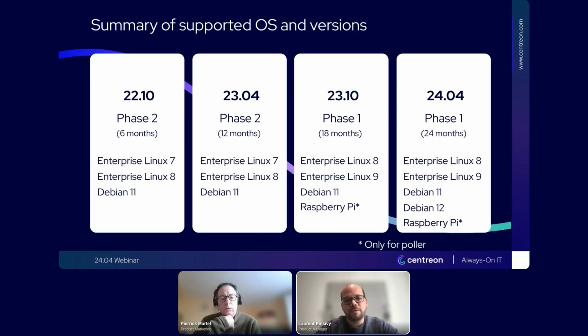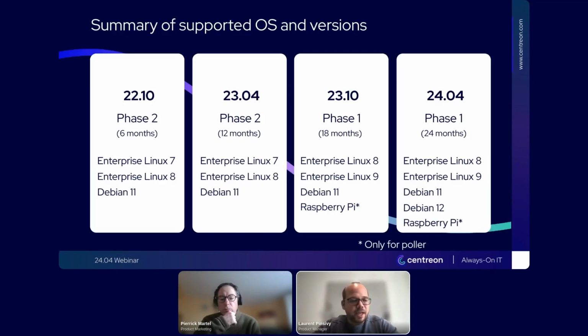The 23.4 has still 1 year of support, but now in phase 2, so only critical fixes and vulnerabilities. The 23.10 is still in phase 1 for 18 months. And now, as you can see, the 24.4 will be released for Enterprise Linux 8, 9, Debian 11, Debian 12.